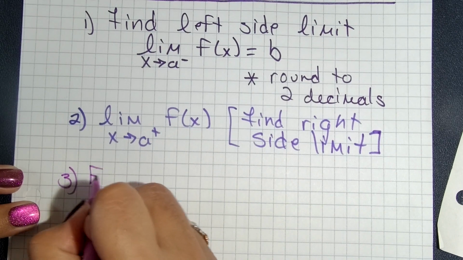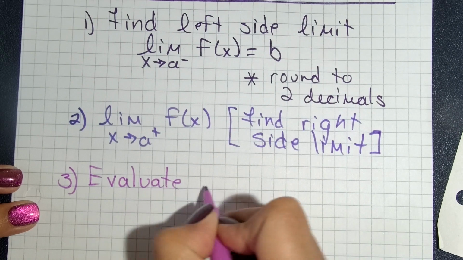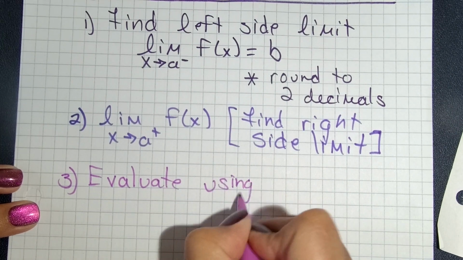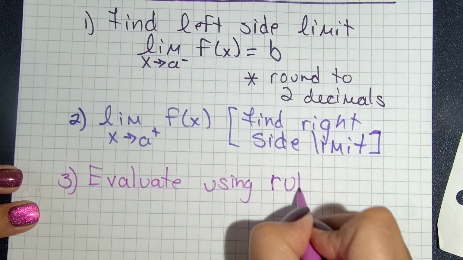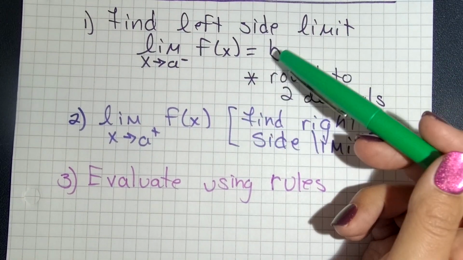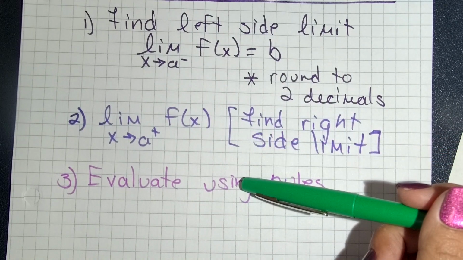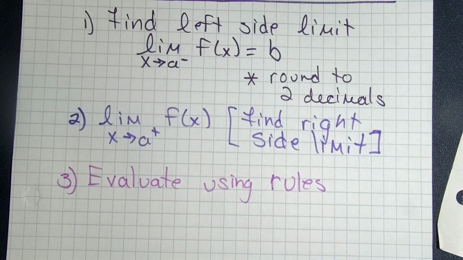Then you're going to evaluate using limit rules. If 1 and 2 are equal, what does that mean about the third? It's the same, right?